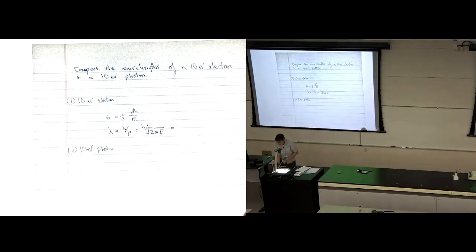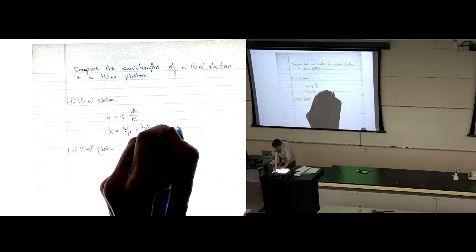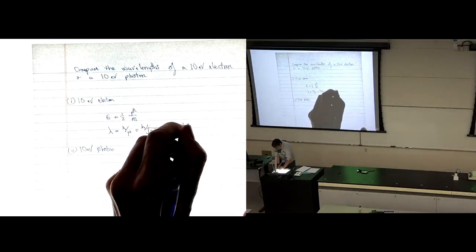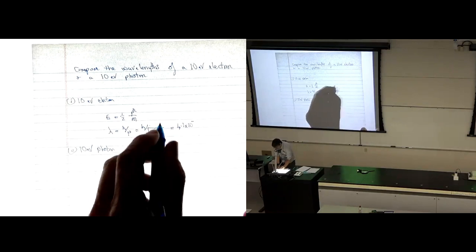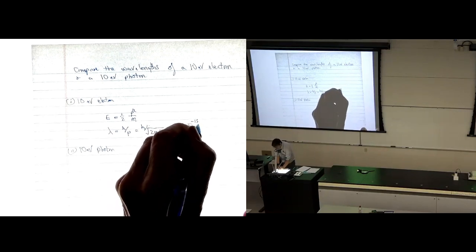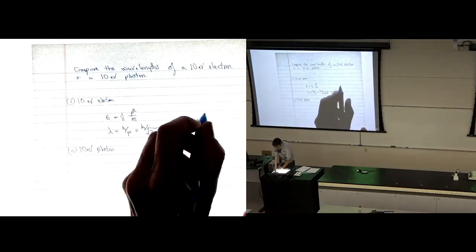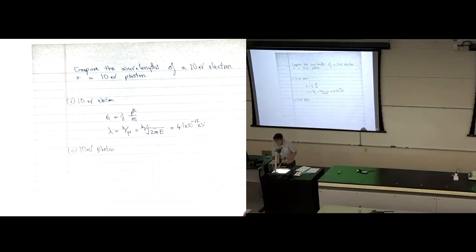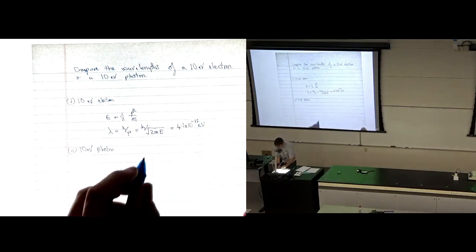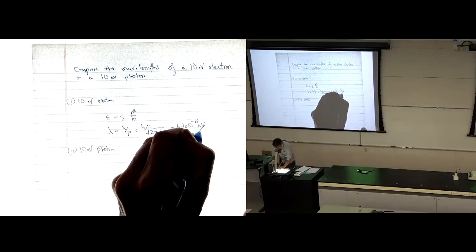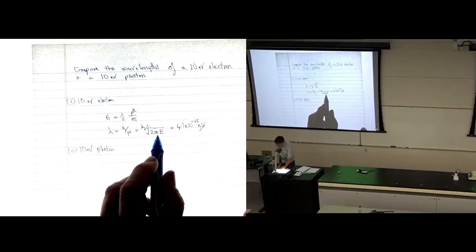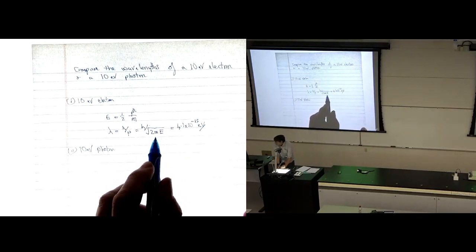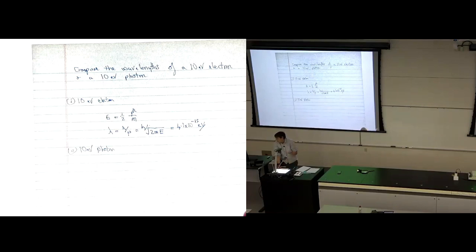I want to use the value of Planck's constant in electron volt seconds rather than joule seconds, because I'm going to use the mass and the energy of the electron also in units of eV rather than joules.